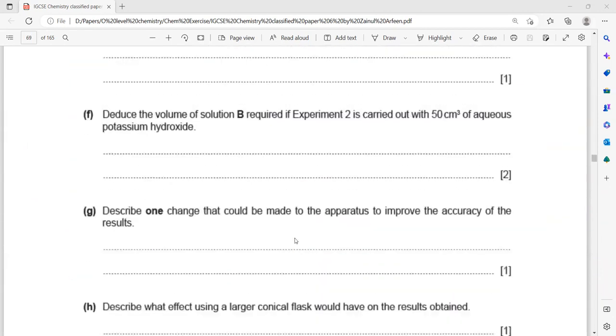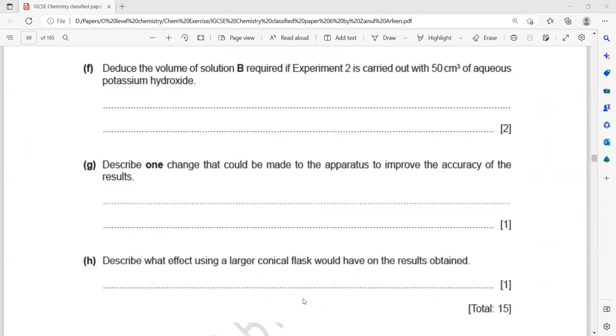Then deduce the volume of solution B. When we carried out the experiment with potassium hydroxide, it was 25 cm cube of potassium hydroxide, and from the burette, how much solution B was needed? It was 19.9.